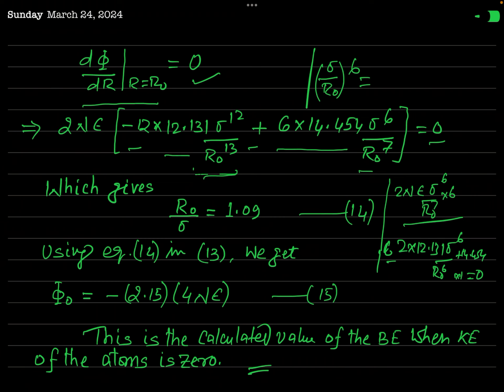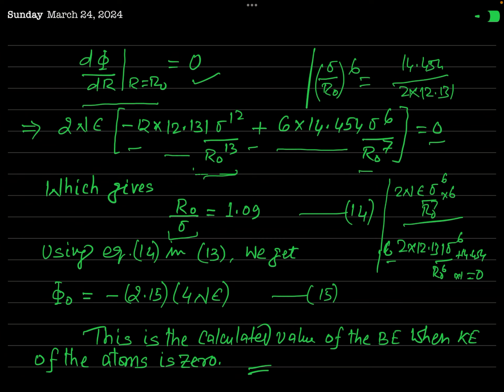This will be actually equal to 14.454 divided by 2 into 12.131. And from here you can find the value of σ by R naught, and then taking the reciprocal you will get the value of R naught by σ.